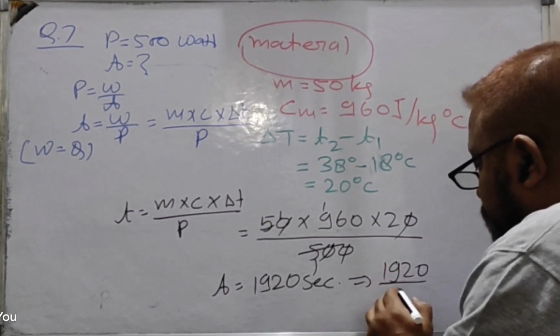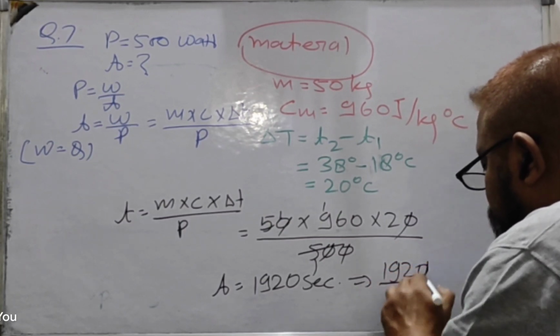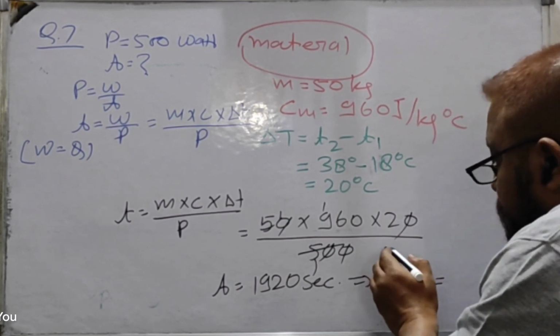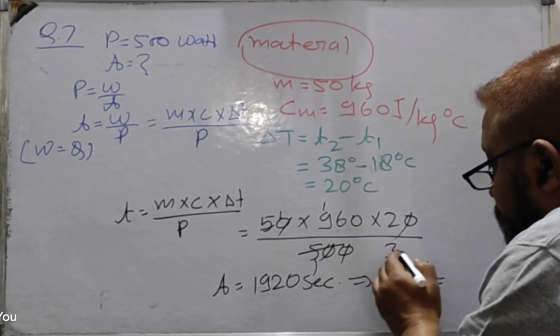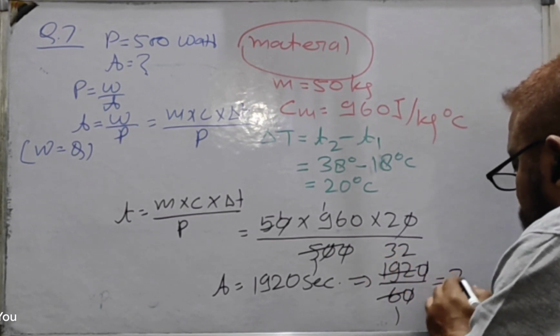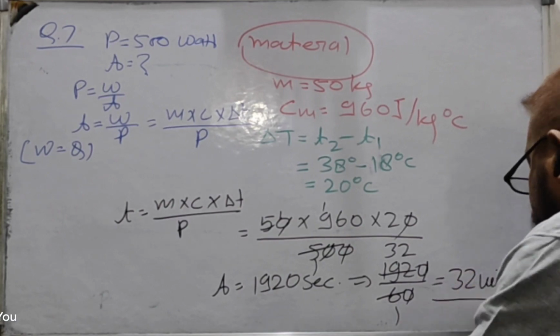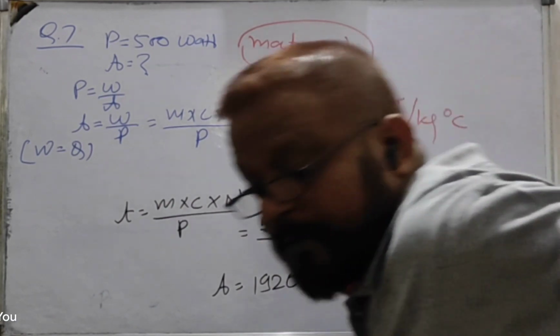T is equal to 1920 seconds divided by 60, then we get minutes, and it becomes 32 minutes.